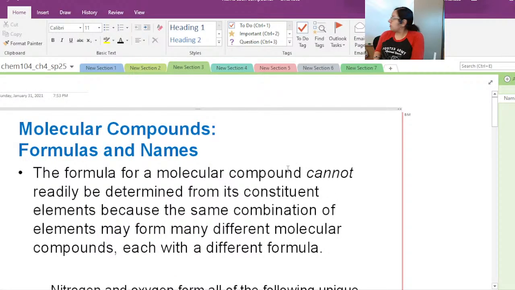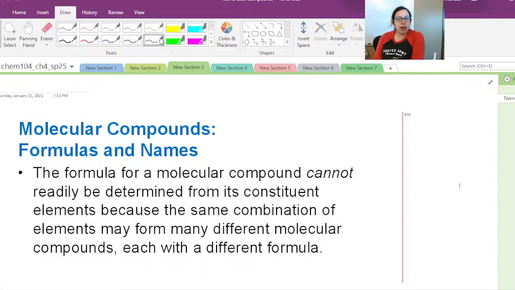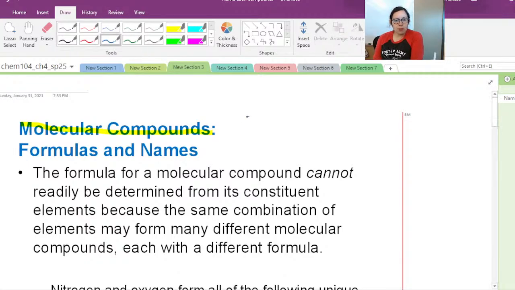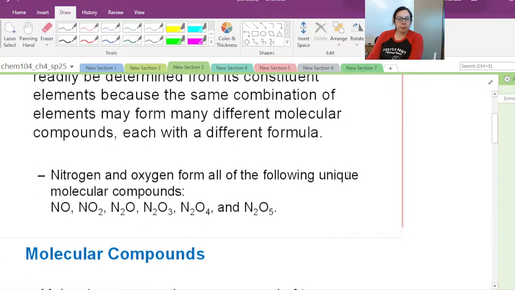And so that brings us to naming. Again, this is the difference between these covalent compounds versus the ionic compounds. So with the molecular, or again, we can use the term covalent compounds, we can't just determine the formula, because they don't have set oxidation states like we saw with our ionic compounds.